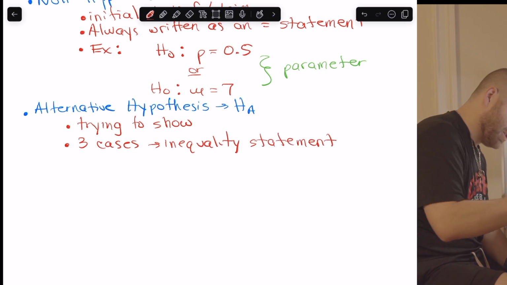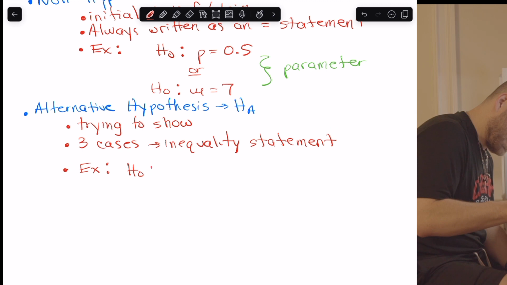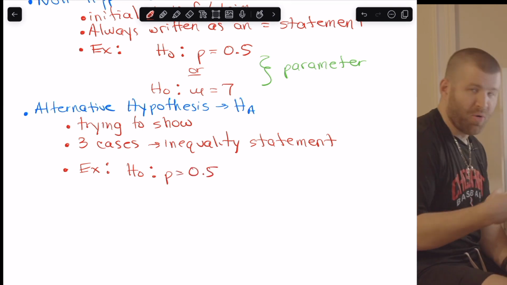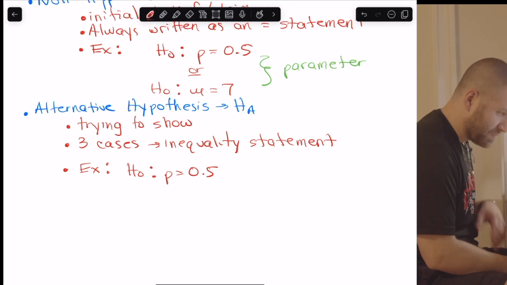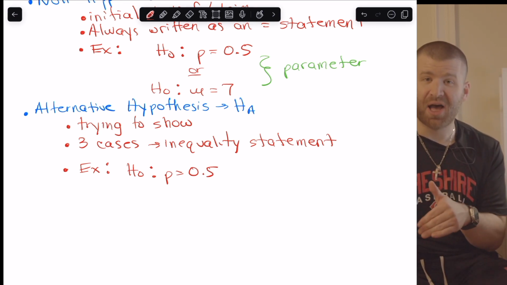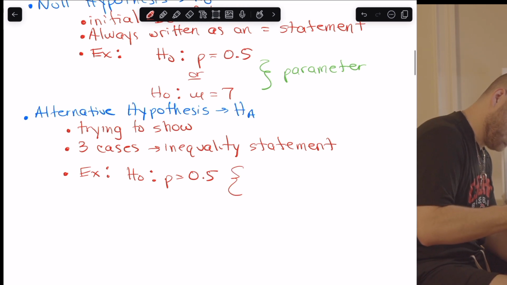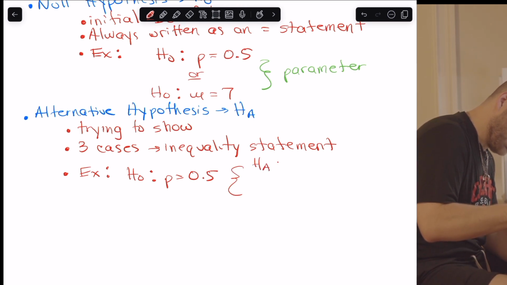So let's take the example that we had before of the null hypothesis of P equals 0.5. Let's take that example for a moment. From that, I have 3 possible alternative hypotheses. From here, we can have an alternative that's P is greater than 0.5.